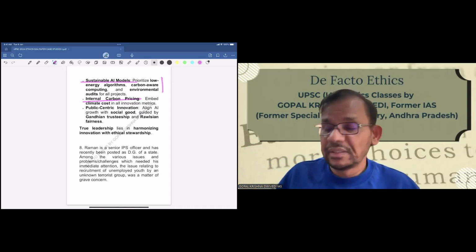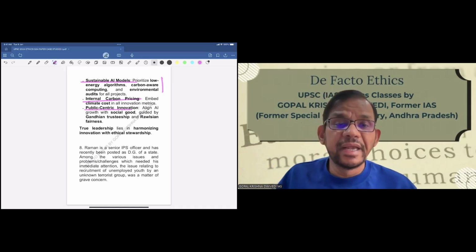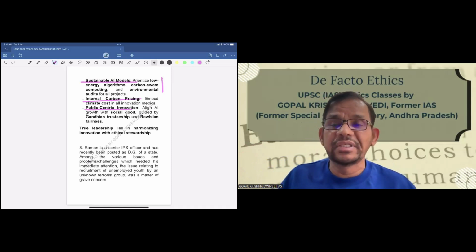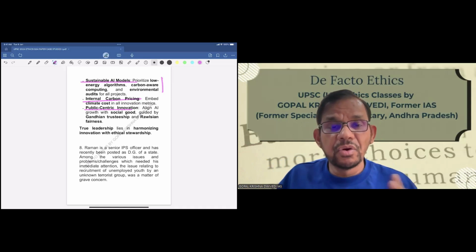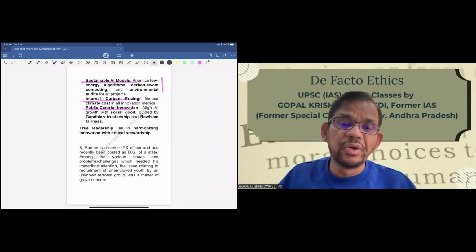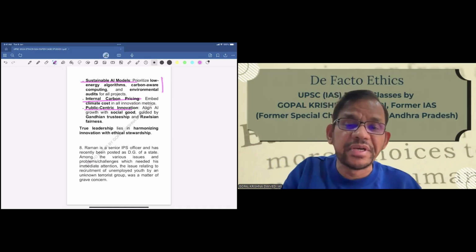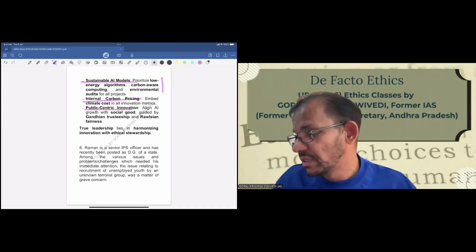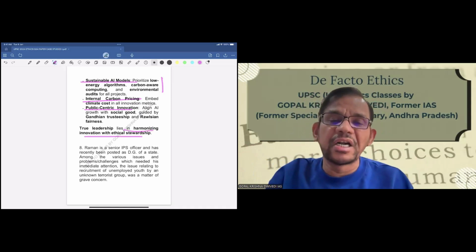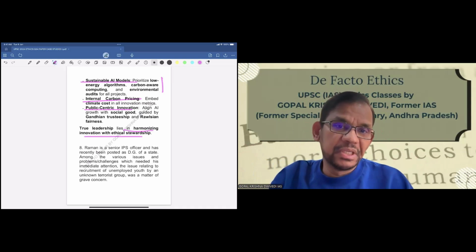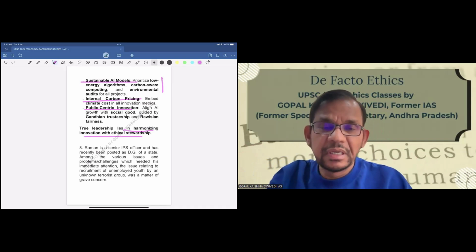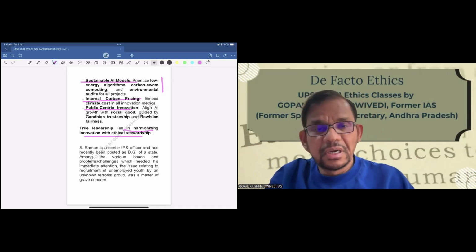Fourth, public-centric innovation. Align AI growth with social good, guided by Gandhian trusteeship and Rawlsian fairness. So the final conclusion will be this: true leadership lies in harmonizing innovation with ethical stewardship. So these are the four parts basically, and this completes 250 words, 5 marks each.